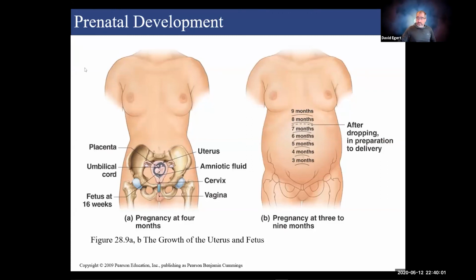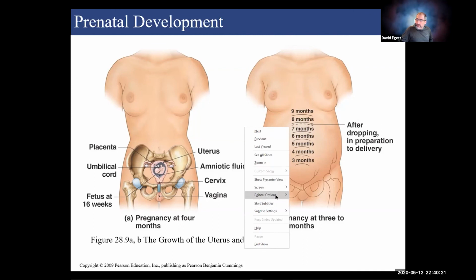So this is showing, to start, just this idea that you've got your uterus here, and for the first few months, the baby is really little, or I should say the fetus is really dinky, and it doesn't really change the size of things all that much.